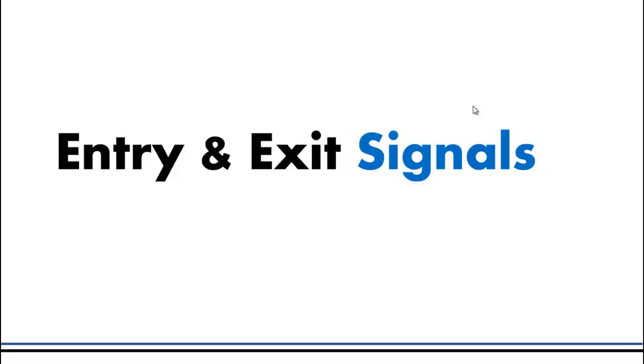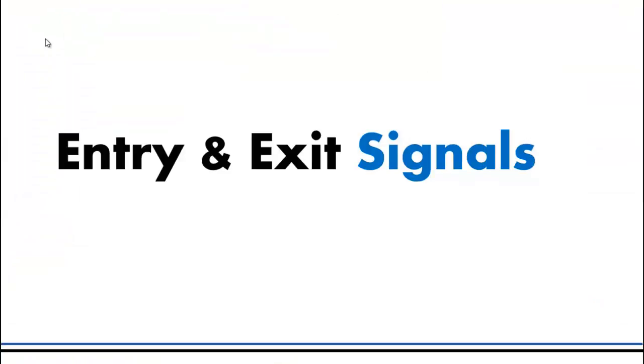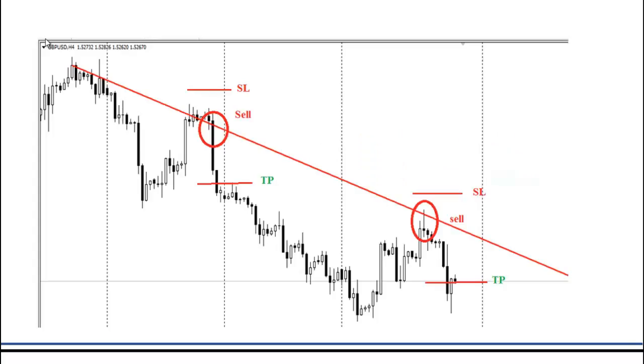Now, how do you use trend lines to determine your exits and entries? The point at which the current market price is touching a trend line is a signal to take a trade.